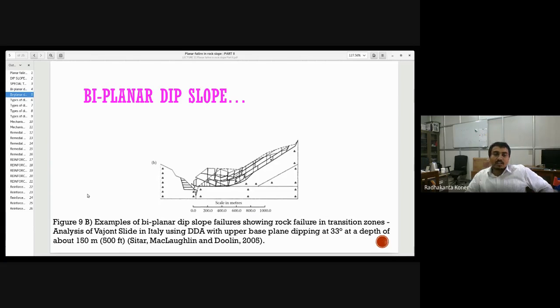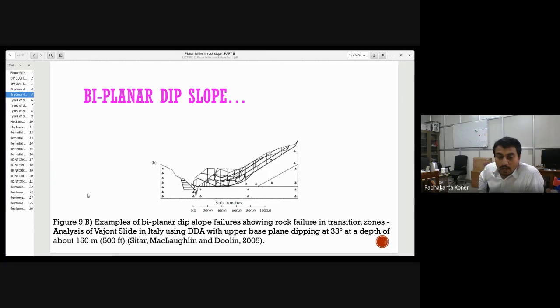Before the advent of DEM, DDA was developed in 1988 by Shi et al. He did his PhD work on that and developed the DDA method for analysis of block interaction in a rock mass. So that was a very successful study.